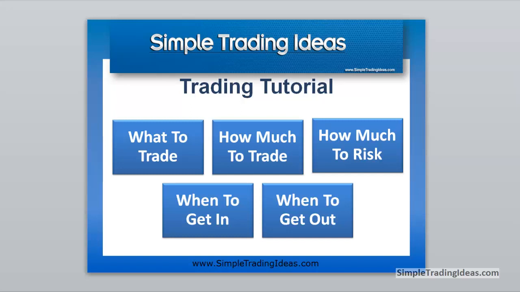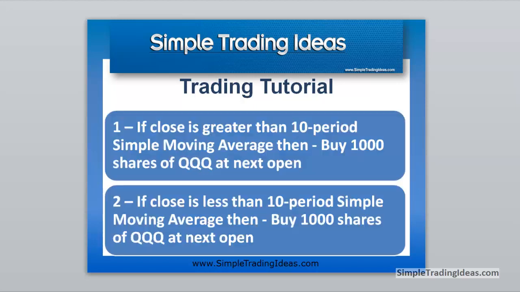So in this case, we can look at a trading system as just a simple set of rules. What we're going to do is create a couple of rules for entries and exits, and here they are.